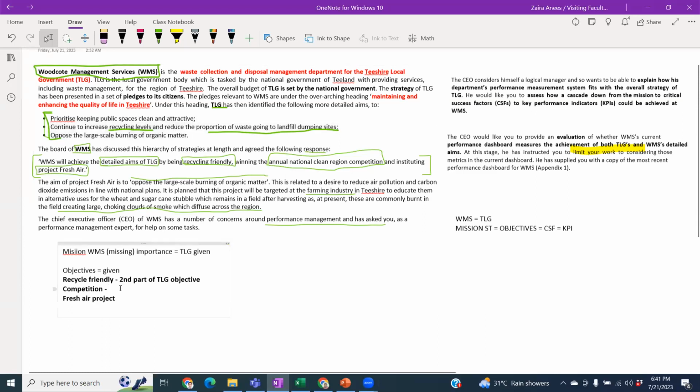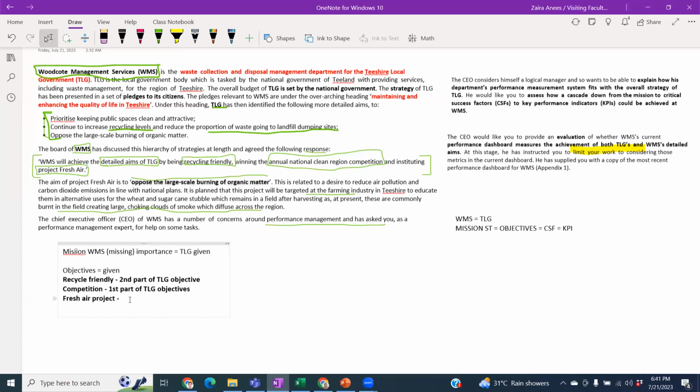I think the first one is right. Yes, this is connected with the first part of the TLG objectives. The fresh air project is actually to reduce, optimize, oppose, sorry, this part. This is basically the objective of fresh air. So somehow it's also connected. Yeah, third part. So we can say that yes, the objectives of WMS are actually connected with the overall objective of TLG, right?